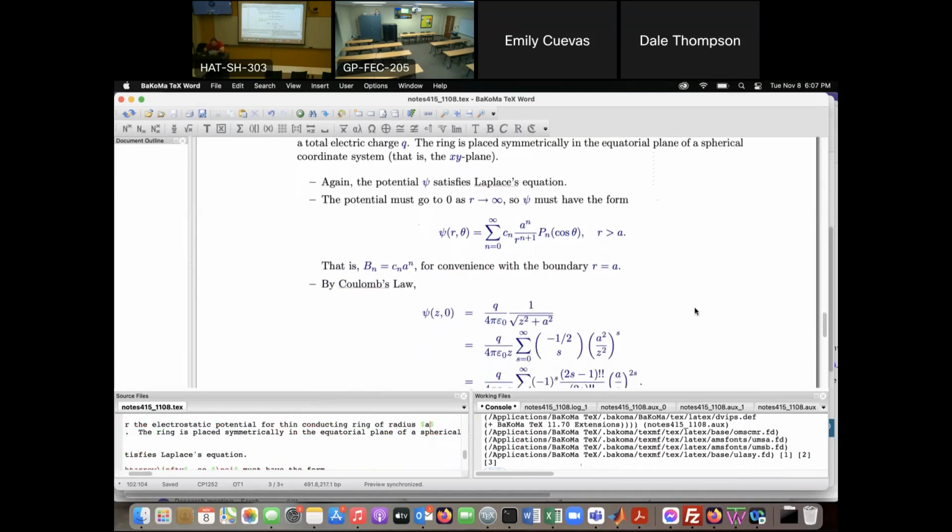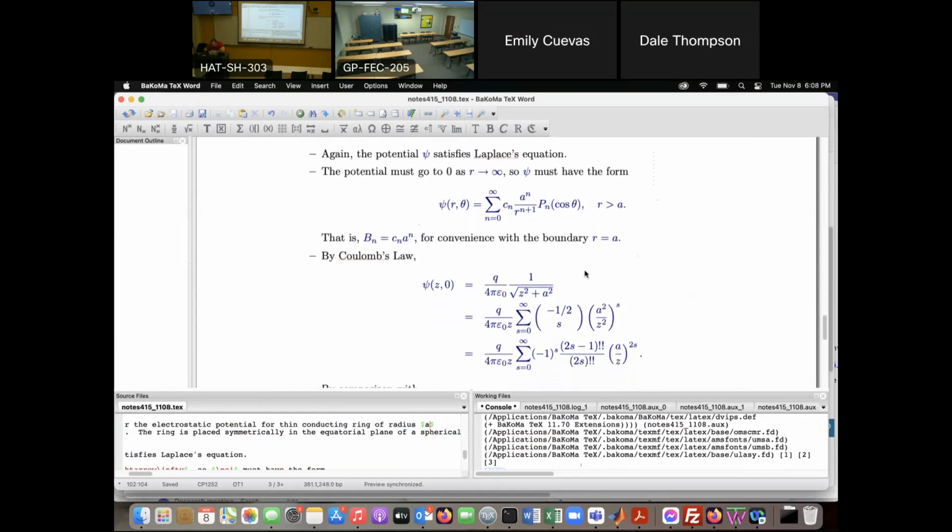Those of you who took my 417 or 517 class last semester would have seen that when solving Laplace's equation, interior and exterior Dirichlet problems, where we had r over a to the n or a over r to the n. So it's the same idea.